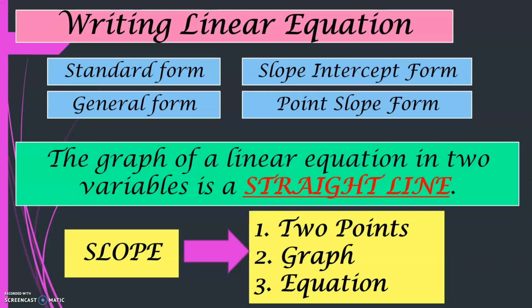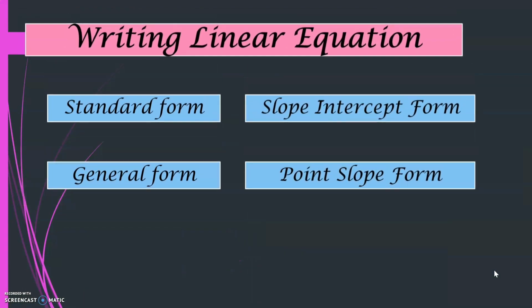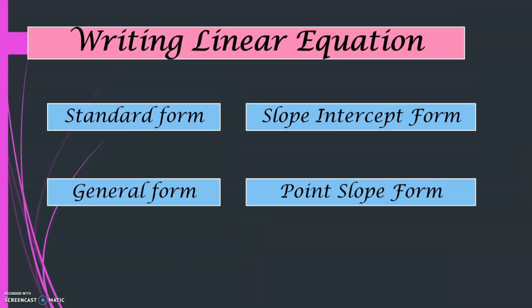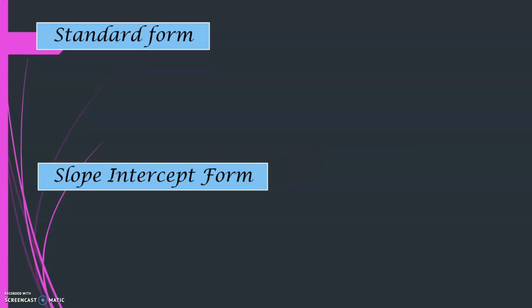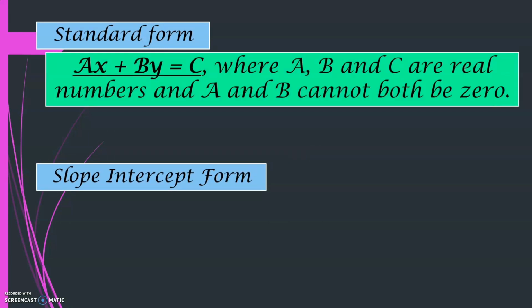In writing linear equations, we can write them in different forms: standard form, general form, slope-intercept form, and point-slope form. We will be concentrating on standard form and slope-intercept form. Standard form is written as ax plus by is equal to c, where a, b, and c are real numbers and a and b cannot both be zero.